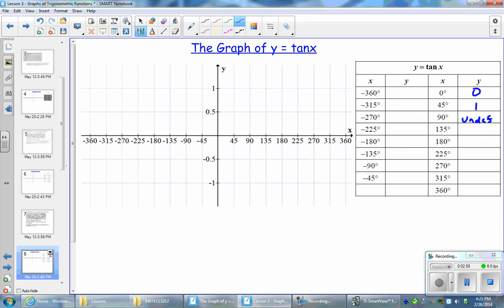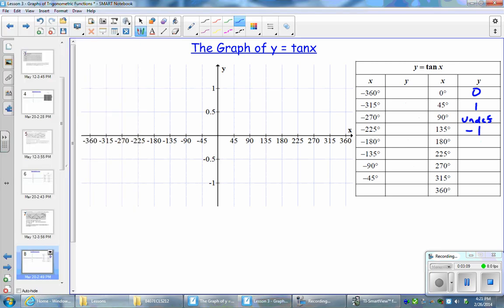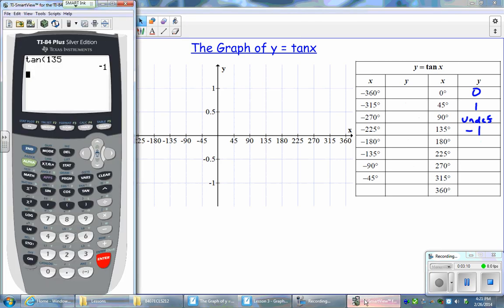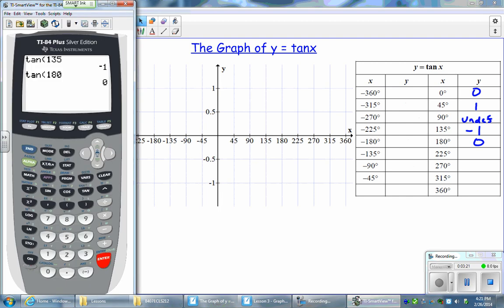Okay, so if we continue this pattern here, we'll put in the tan of 135, and that's going to give you -1. So now we're getting some negative values here, and then the tan of 180 is going to give you a value of 0. So here's the next 0, and then the tan of 225 is going to give you 1.